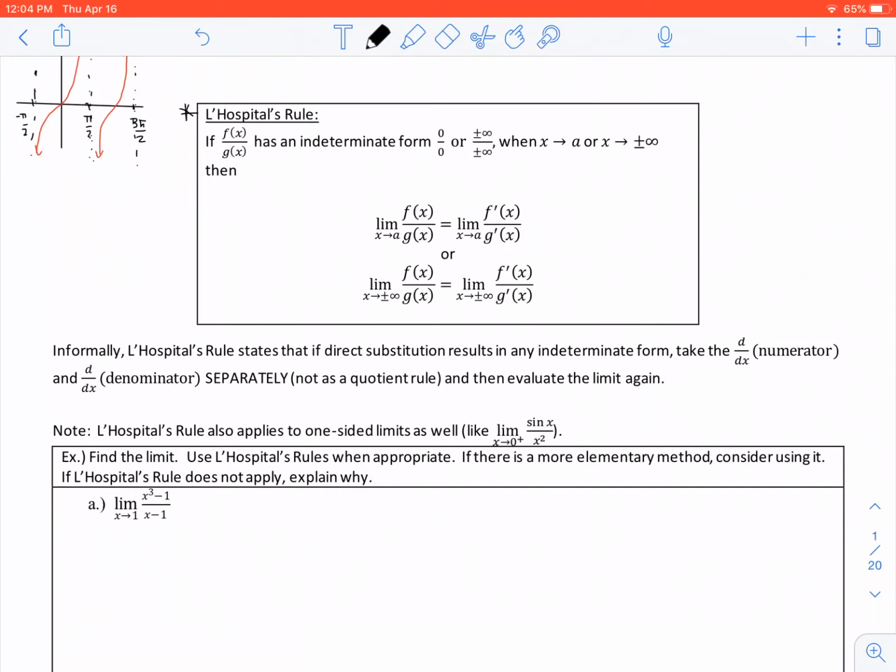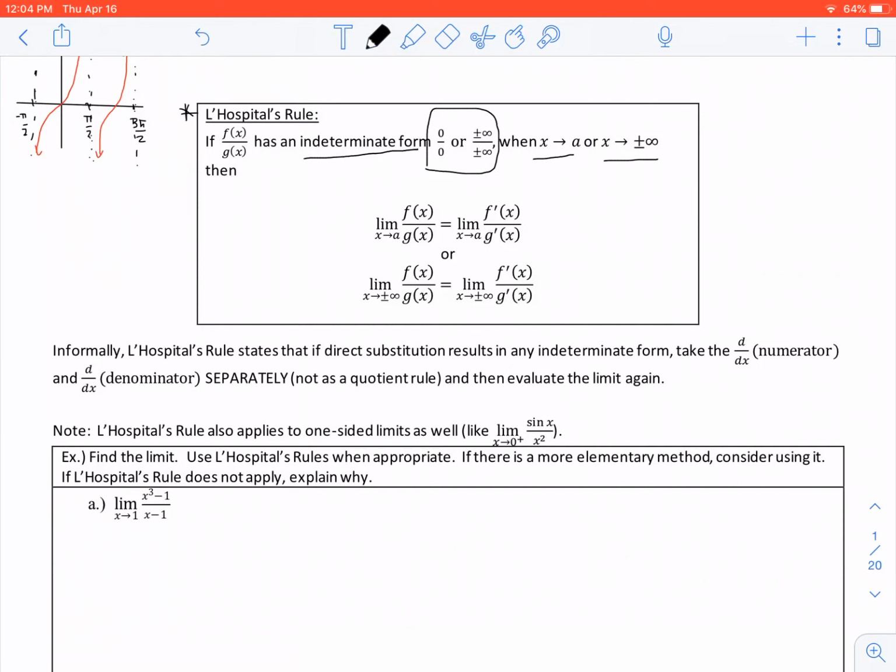So L'Hopital's rule says if f of x divided by g of x is an indeterminate form, which means you're going to have either 0 over 0, or positive infinity over positive infinity, or negative infinity over positive or negative infinity, and it works whenever x is approaching a or x is approaching positive or negative infinity.